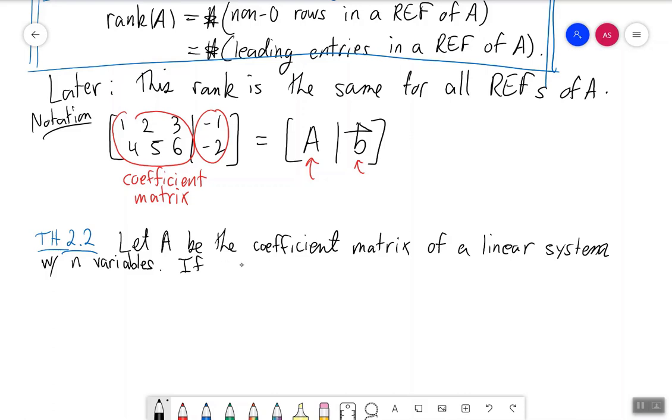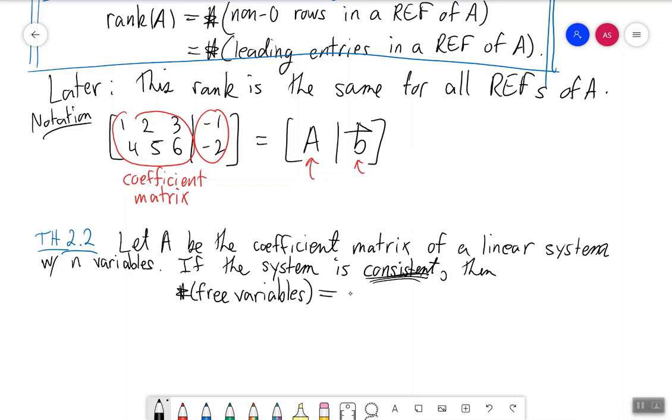If the system is consistent, that's very important. So I'm going to triple underline it because it's extra important. If the system is consistent, then the number of free variables of the system is equal to n minus the rank of the matrix.